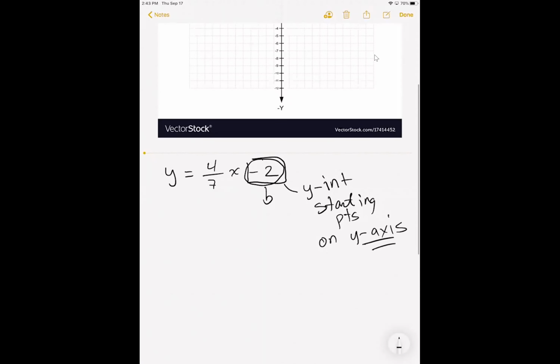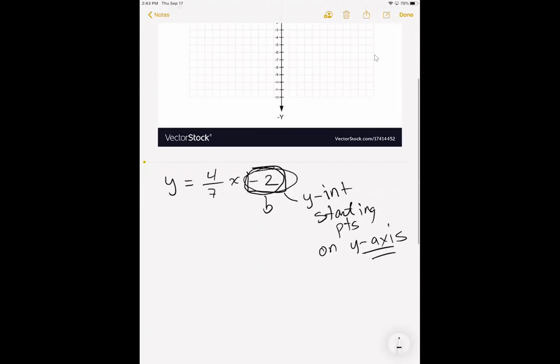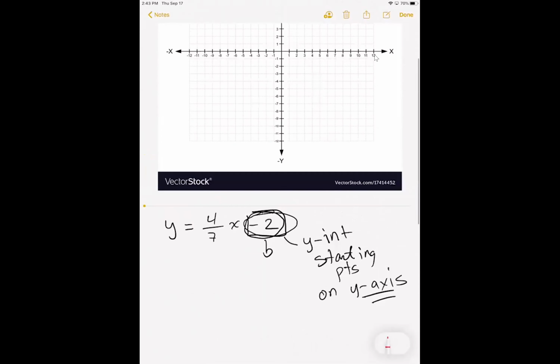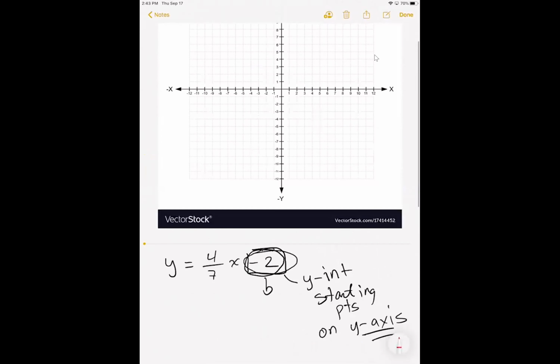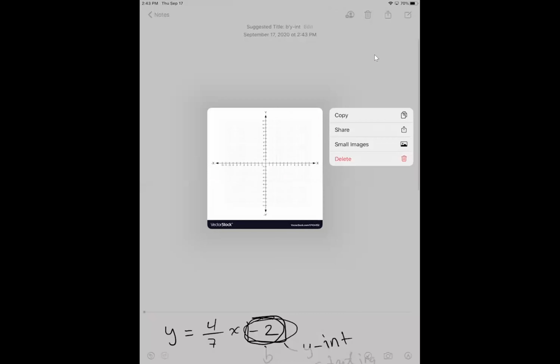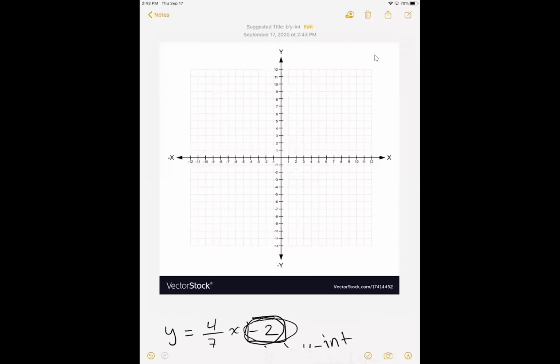That's all you need to know. Whatever this constant is, negative 2, that is your starting point on the y-axis. So when you recognize that we are in slope-intercept form, you ask yourself, what is my b? My b is negative 2. You go into your graph and you put in negative 2.